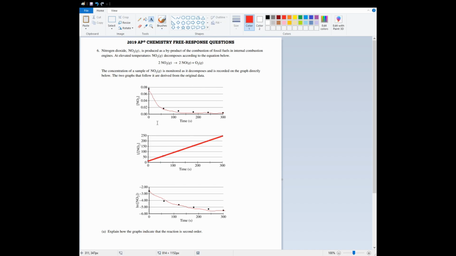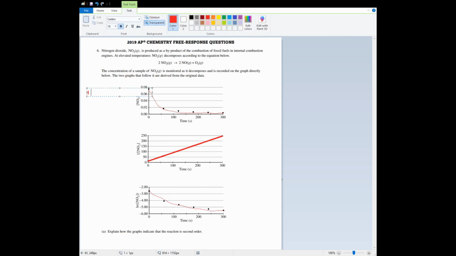If this graph is a straight line, then it's a zero order reaction. Okay? So if time versus concentration is a straight line, that's a zero order reaction.